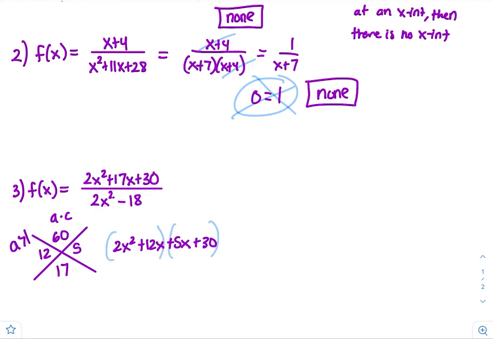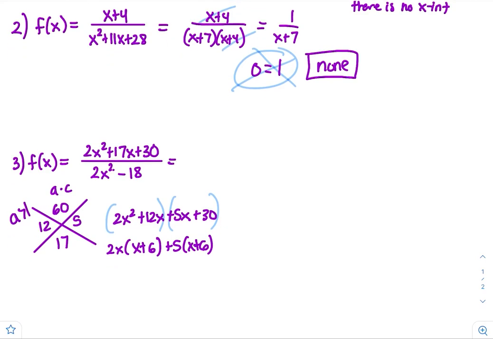We factor the groupings. 2x factors out from the first two terms, leaving x plus 6, and a 5 factors out from the last two, leaving x plus 6. So our factors for the top are 2x plus 5 times x plus 6. Now on the bottom, we can factor out a 2 to get x squared minus 9, and this is the difference of squares.